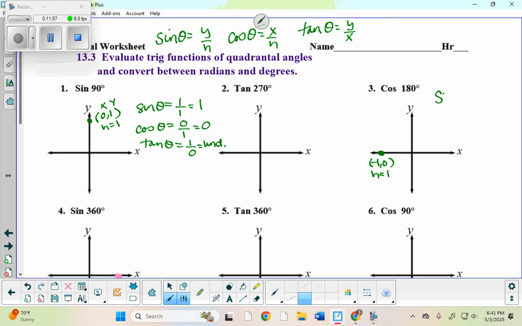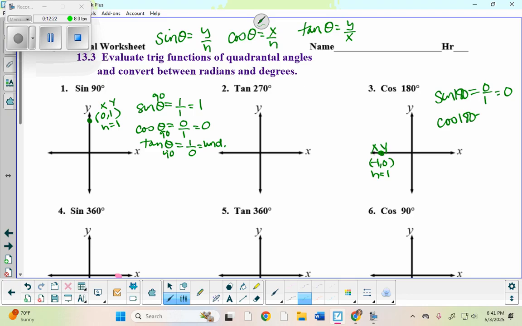So your sine of 180 would be opposite, or your y, which is 0 over 1, which is 0. Cosine of 180, and I should have written, when I was doing these problems over here, I should have written 90, because we knew the angles.